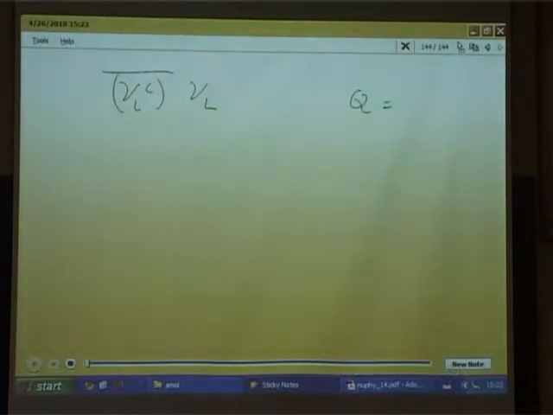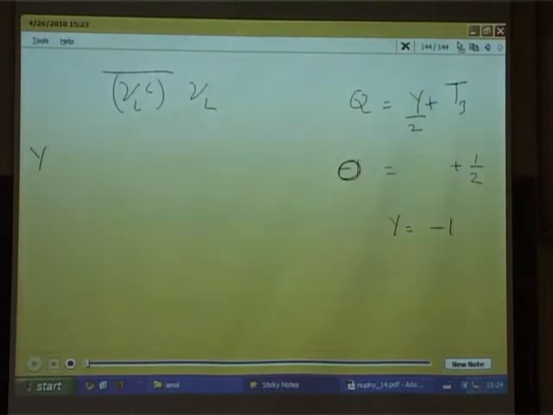Charge is equal to T3 plus Y by 2. So charge is 0. T3 is plus half. So Y should be equal to minus 1. Okay, wonderful. So nu_L has Y equal to minus 1.